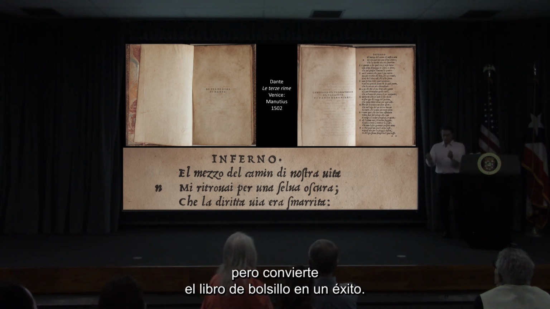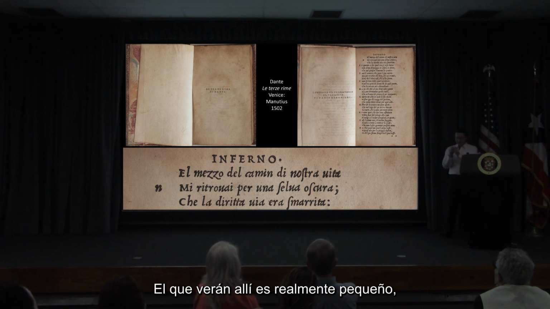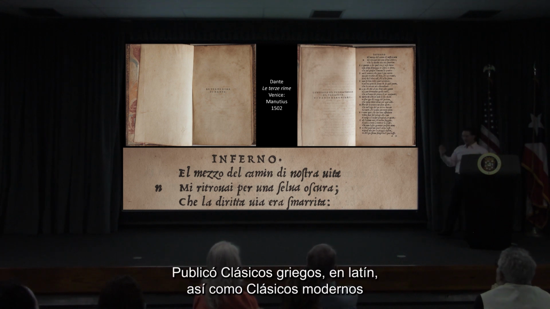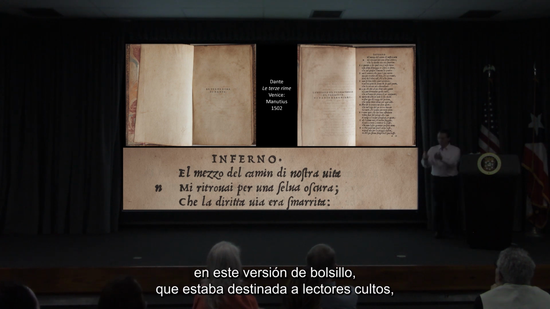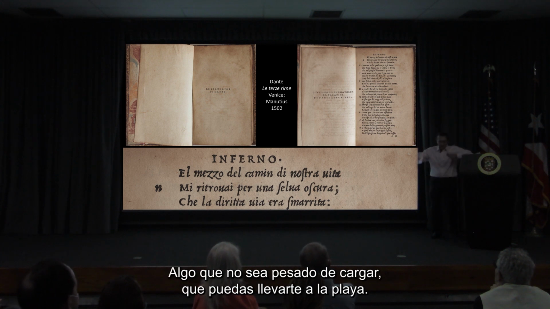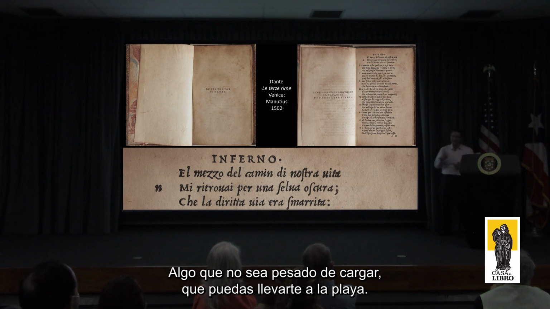The pocketbook, you'll see there, they are really small. They had a specific audience in mind in terms of the text. He published classics, Greek, Latin, as well as modern classics in this pocketbook version that were intended for learned readers, people who will read for leisure. So something you don't have to lug around, just, quote unquote, take to the beach.